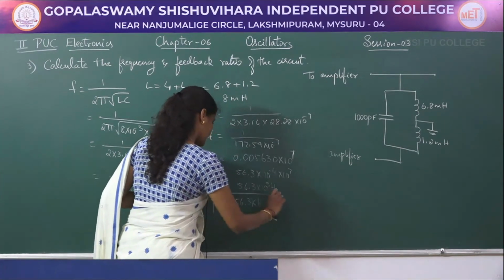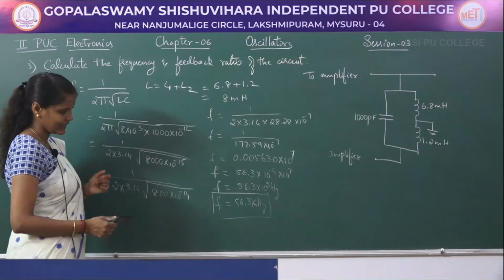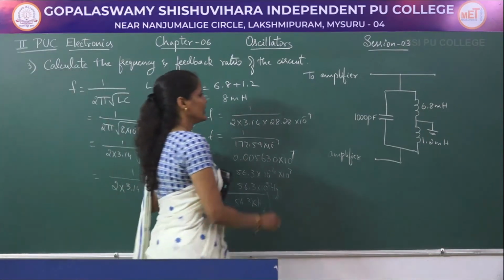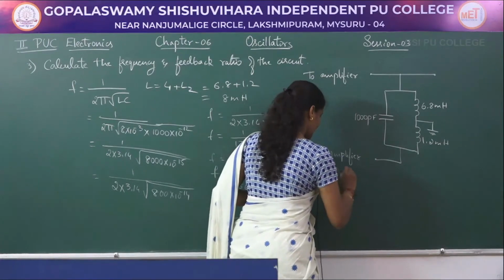So this is the answer for the frequency of this particular circuit. Now feedback ratio is nothing but beta, which is given as beta is equal to L2 divided by L1.